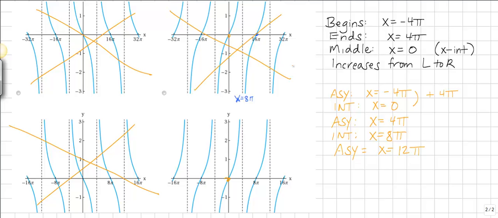But just to verify that we're really clear about this, we have an intercept at 0. Our next intercept should be 8 pi. Our asymptote should be 4 pi. And we're good to go. My suggestion is never look at the multiple choice answers until you've actually drawn the graph yourself.